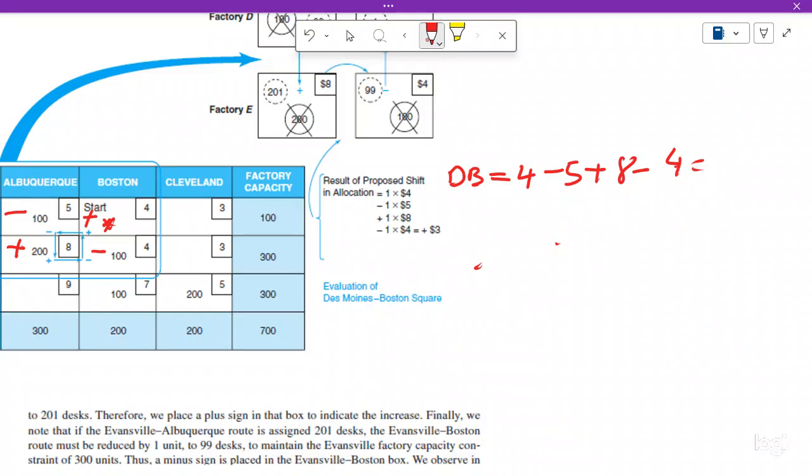So 4 minus 5 plus 8 minus 4, we're getting 3. It means that this one is increasing the cost. We cannot consider it. Then we move to another location.